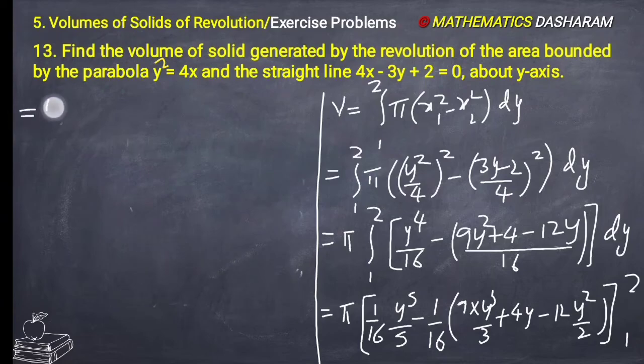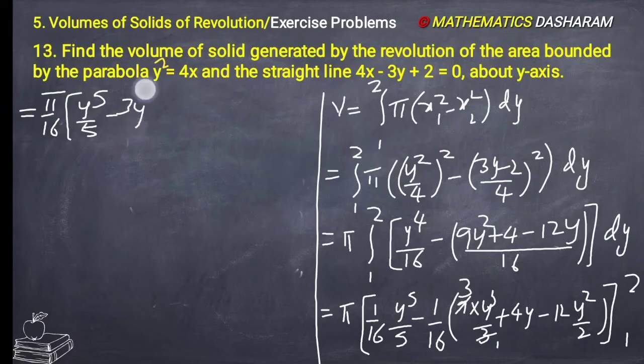So then pi by 16 y to the power of 5 by 5 minus bracket of here remove the bracket minus here 3 ones are 3, 3s are 9, then 3y cube minus into plus minus 4y minus into minus plus, and here 2 ones are 2, 6 are 6y square 1 to 2.